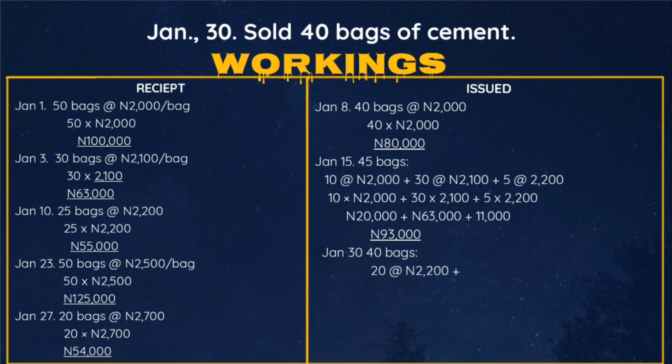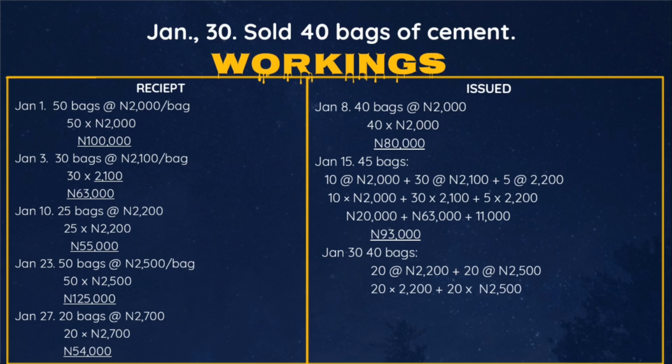So the next inventory that came after that one was that of January 23, which is 50 bags of cement at the rate of 2,500. From that 50 bags of cement, we are going to take the remaining 20 bags at the rate of 2,500 per bag. So 20 bags at 2,200 will be 20 times 2,200 plus 20 bags at 2,500 will be 20 times 2,500.